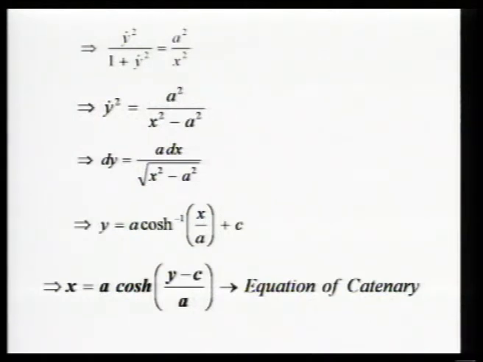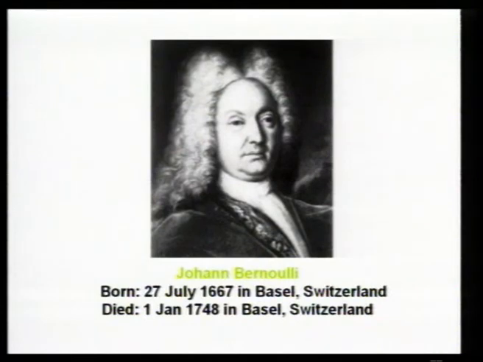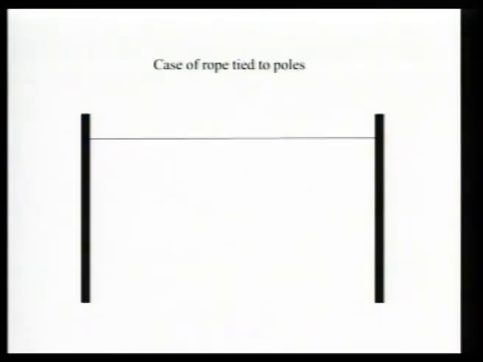This curve is known as catenary. Catenary was first discovered by John Bernoulli. That's why I have said he solved this problem partly. What is a catenary? If you hang a rope between 2 points, between 2 poles, it acquires a curve, a shape.